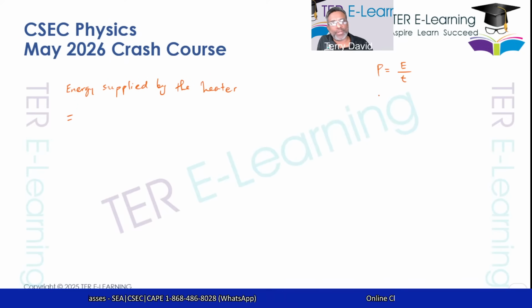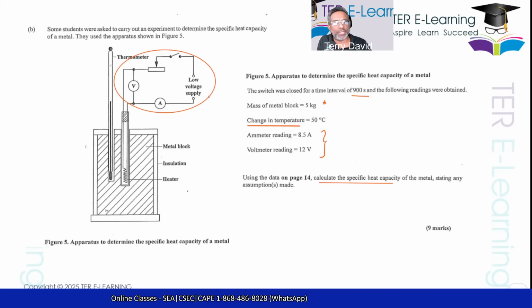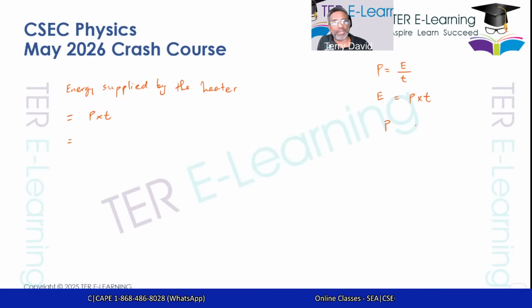So if I want to work out the energy supplied, I need to say power multiplied by time. But they did not give us the power output of the heater; they gave us current and they gave us voltage. So we're going to use our next formula to calculate power, which is I times V. So in this case, you're going to use I times V multiplied by t. That's the energy that is supplied by the heater.